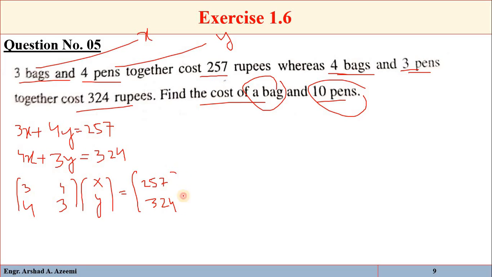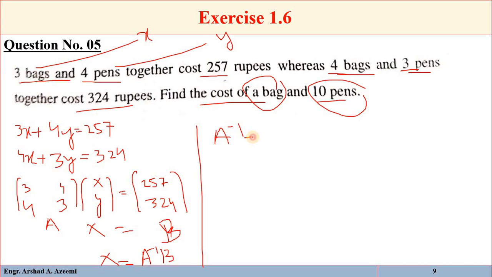So now this is matrix A, this is matrix X, and this is matrix B. So X is equal to A inverse B. First find out A inverse. A inverse is equal to 1 over determinant of A. Now the determinant of A is 3 times 3 is 9 minus 4 times 4 is 16. So the determinant is minus 7.